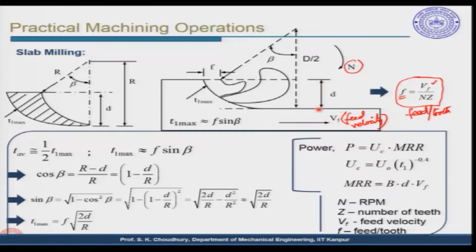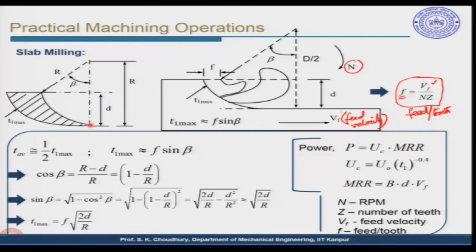This is the depth of cut, this much material has been removed. D by 2 is the radius of the milling cutter, the diameter of the milling cutter is D, and this defines the T1 maximum. Here T1 maximum is important because if you look at the chip, let us say this is one chip removed by one tooth of the milling cutter.